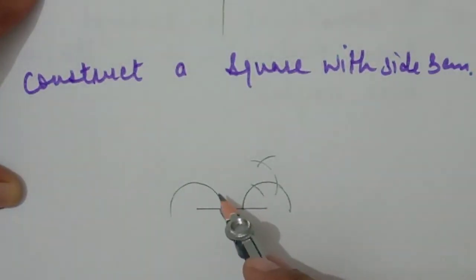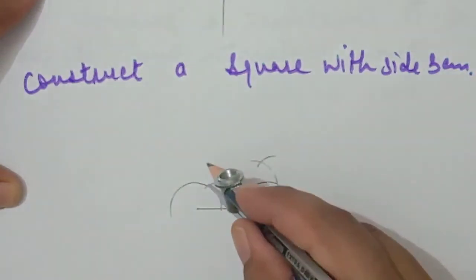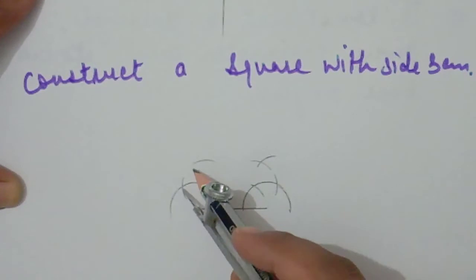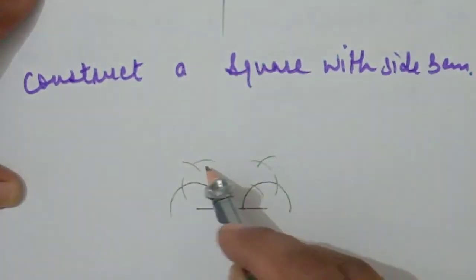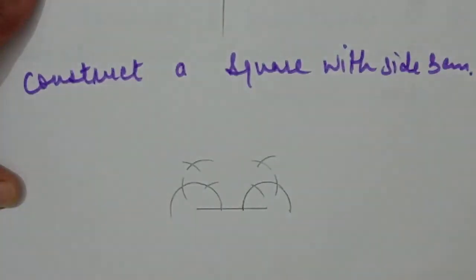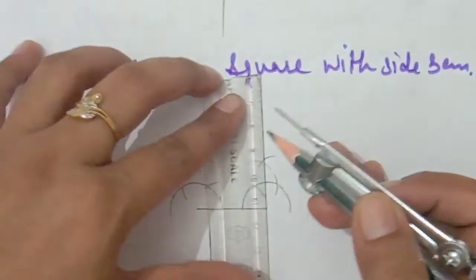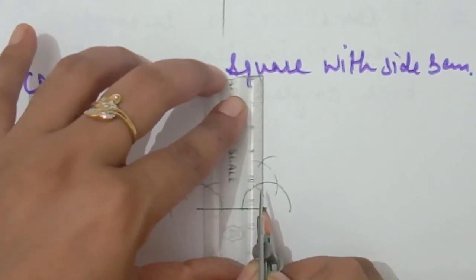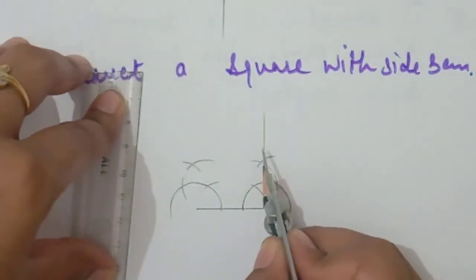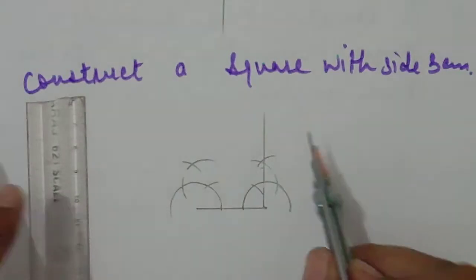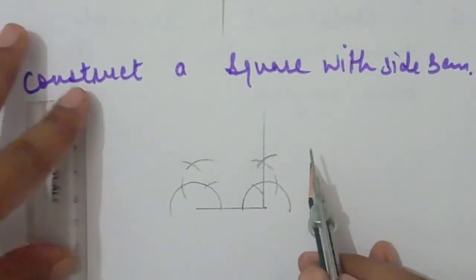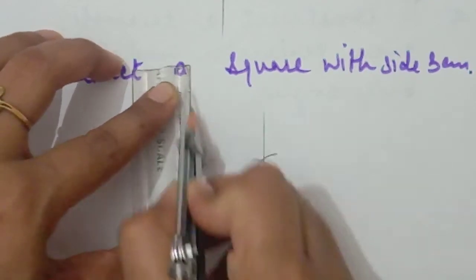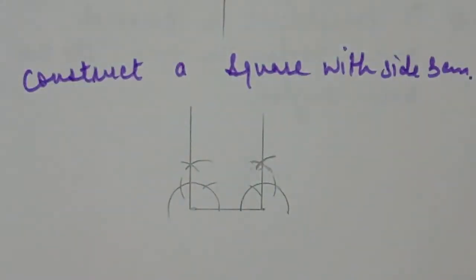You have to adjust your compass properly, and you can move your paper also. Now students, we have to draw the 90-degree angle from these 2 points. See, this is not proper because my compass was not completely present on the intersecting points. So you have to put your compass properly.